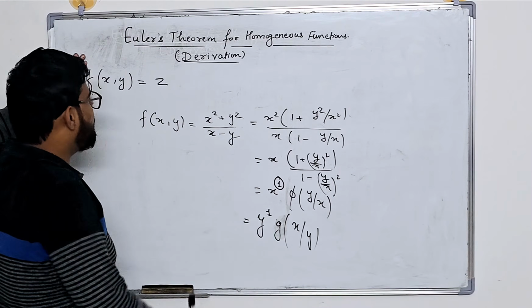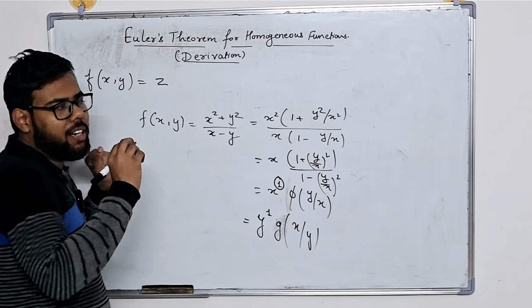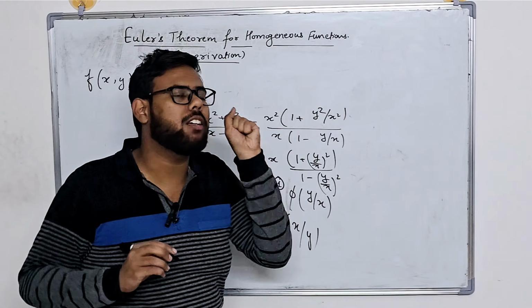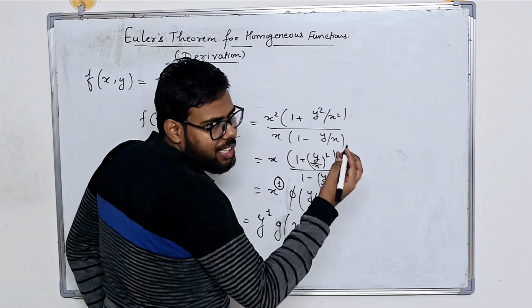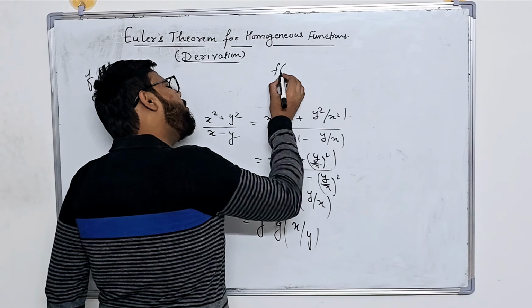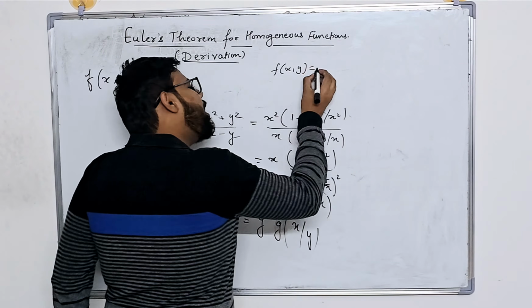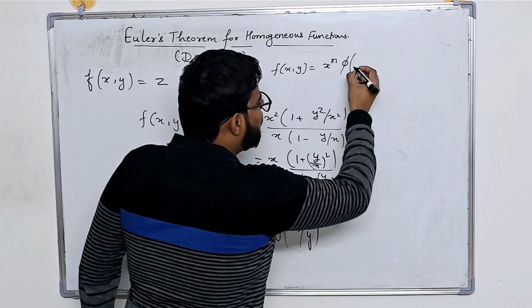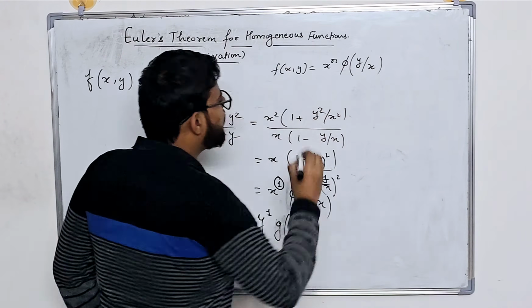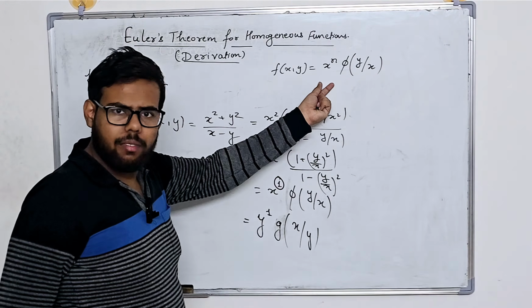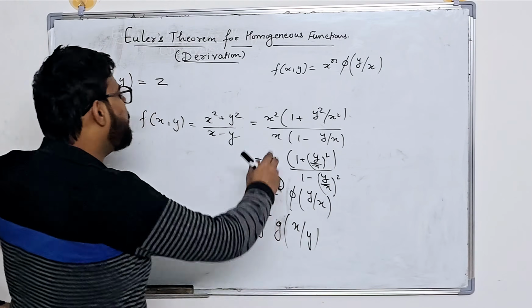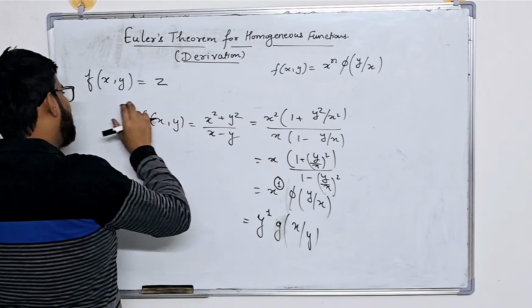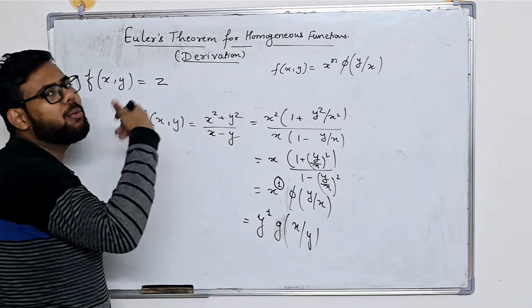So in this case also we assume that f of x comma y is an nth degree homogeneous function, which means f of x comma y can be expressed as x to the power n into phi of y by x, right? Where n is the degree. So we will apply this idea and we will prove the expression.